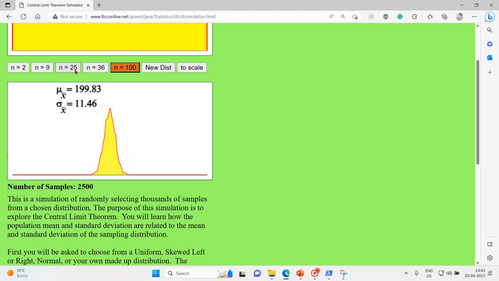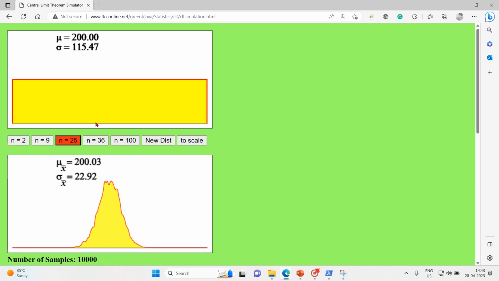Let me come to 25. When it is 25, you got your shape exactly. The standard deviation has a huge difference, but the mean of the statistic is the same as the mean parameter, by and large close.